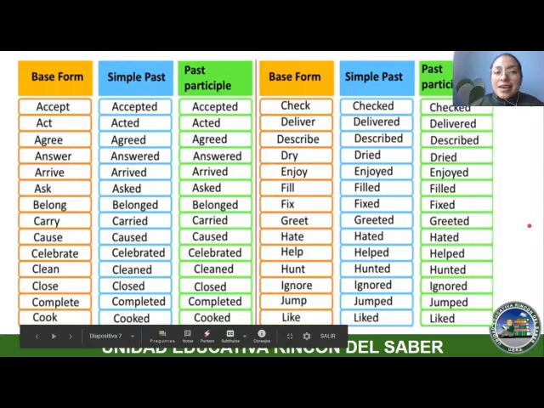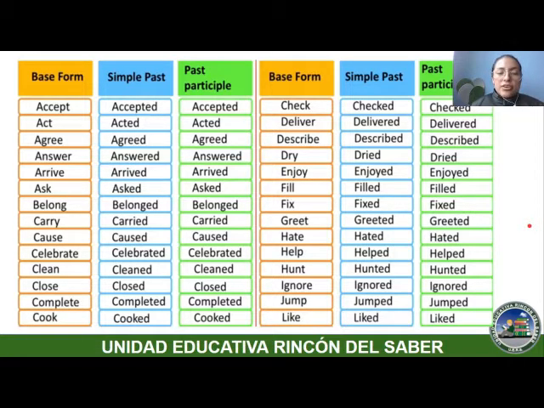Now please listen to all the verbs and please repeat. Okay? Accept, accepted. Act, acted. Agree, agreed. Answer, answered.